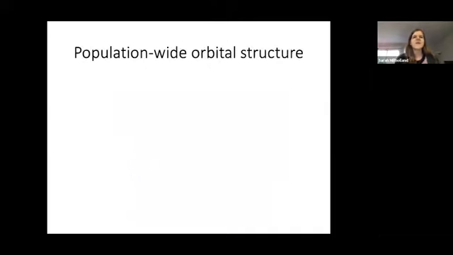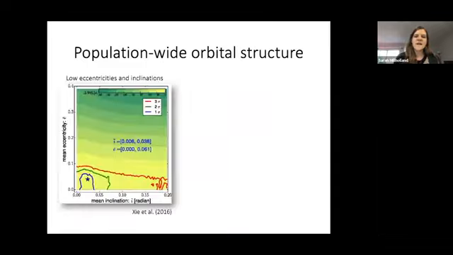And if we look at these same features on the scale of the whole Kepler multi-planet population, we see that this orbital structure continues. So systems as a whole tend to have pretty low eccentricities and inclinations, as we can see in this heat map of the average eccentricities and inclinations that occupy this fairly low bottom left regime.